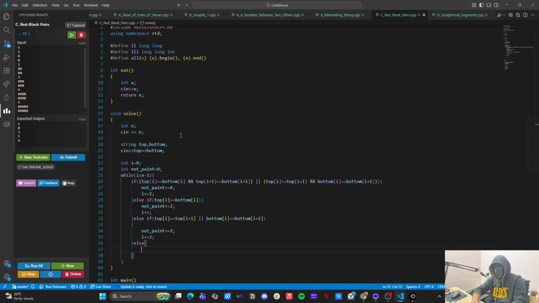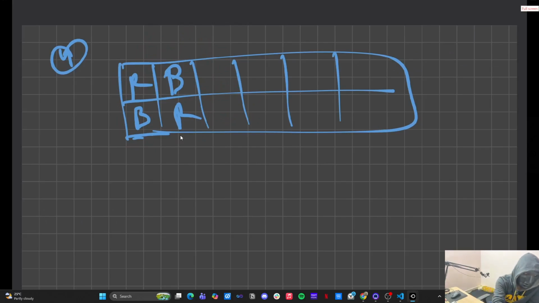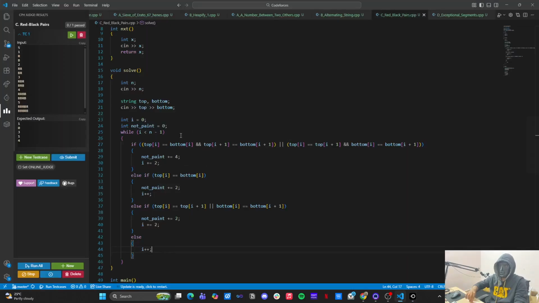So I'll be increasing i by just 1, since we'll be painting in this case, right?